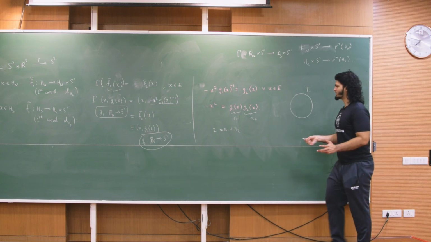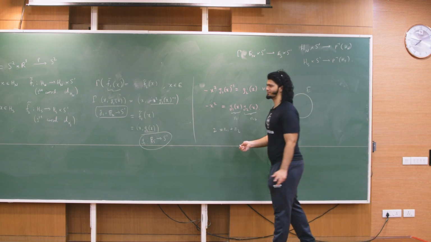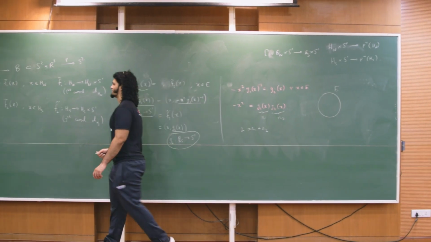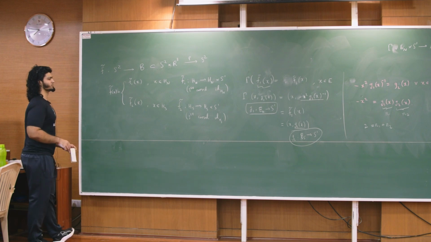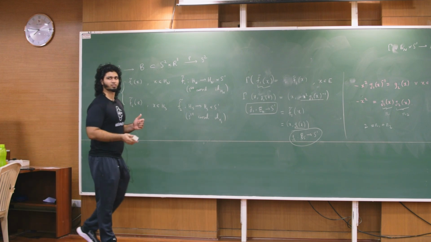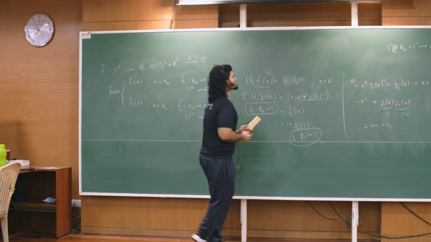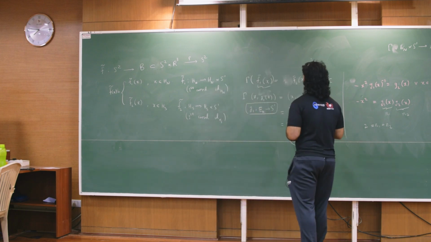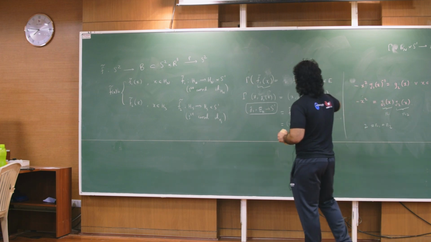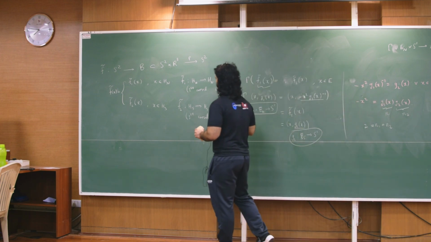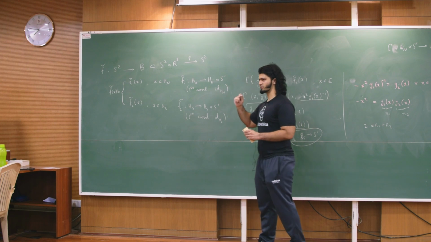So in particular, at least one of these has to be non-zero, right? That's the simplest conclusion you can draw. And that, I say, is the contradiction to such a function existing, because this G1, which is a map from a circle to a circle, can be extended to the whole northern hemisphere.